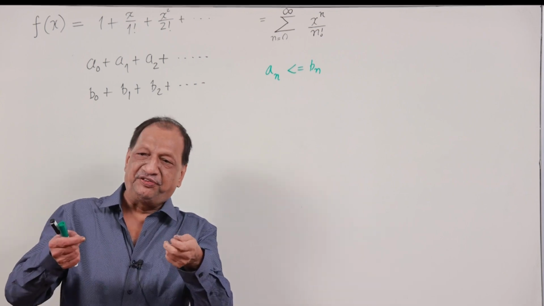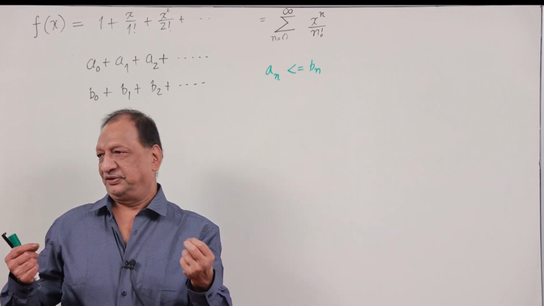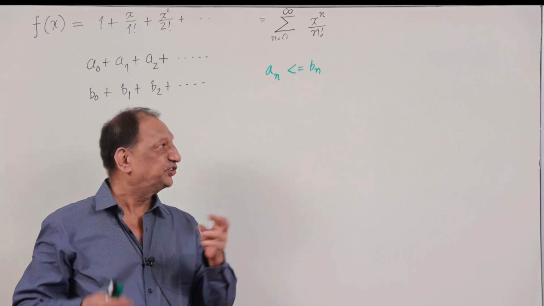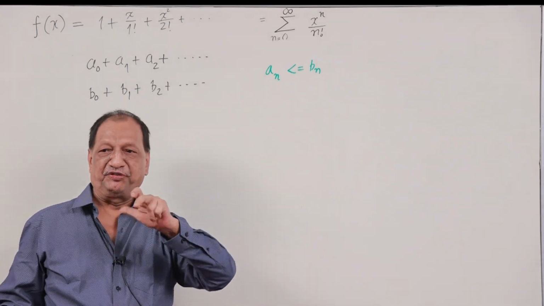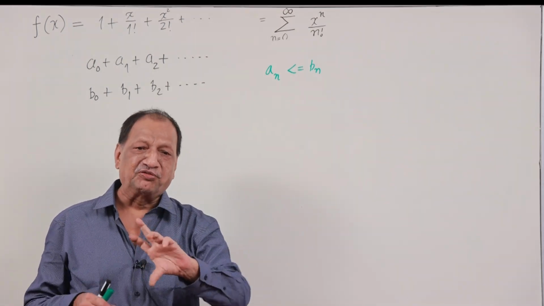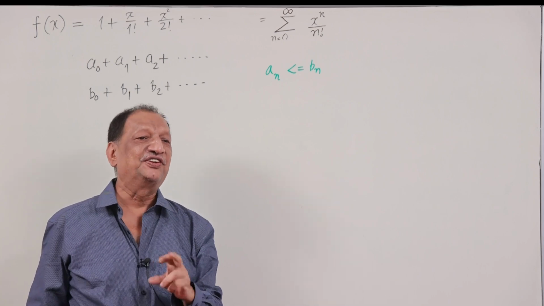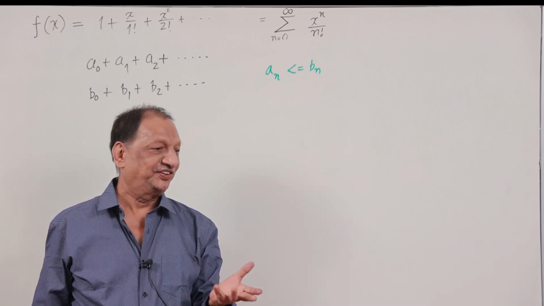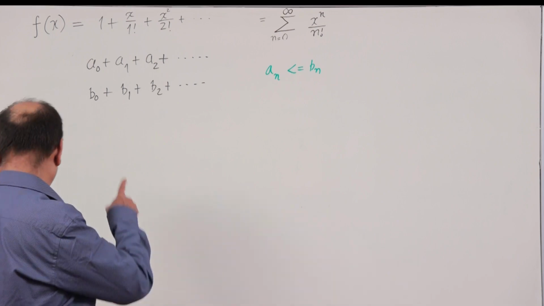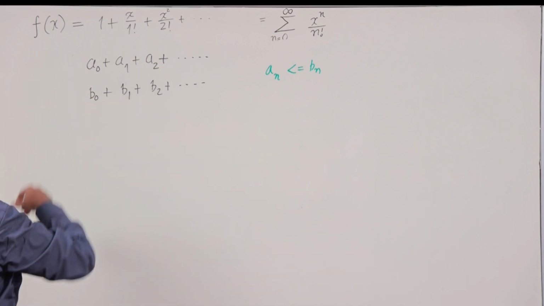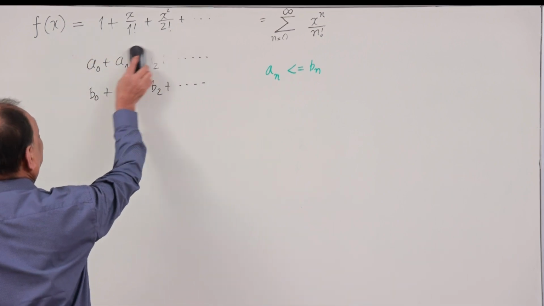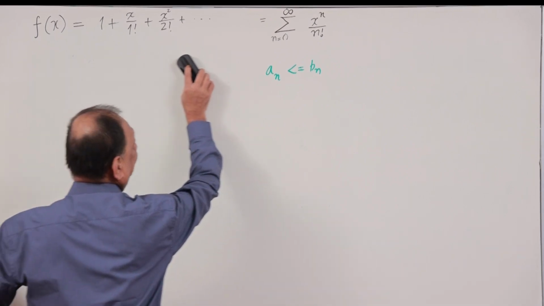That means we have to generate a new series. Term by term, we should have this property between the two series. And based on the convergence of the other series, we can decide on the convergence of our series, right? So now we'll take up that to prove the convergence of this fx.